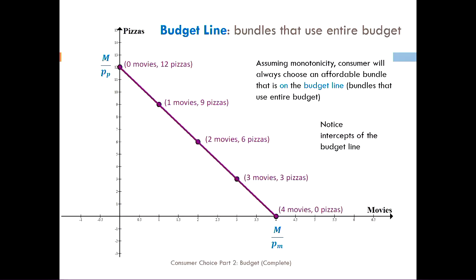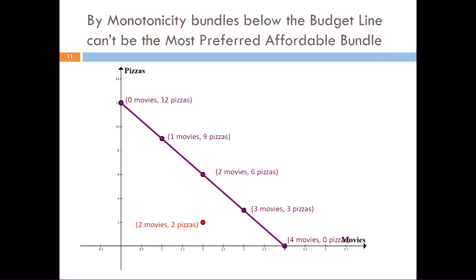And you can see that. I'll give you a few illustrations here. Consider the bundle 2-2. 2 movies cost $30, 2 pizzas cost $10, 30 plus 10 is 40. You haven't spent all your budget, so it's not on the budget line. It lies below it. The consumer, if they have monotonicity, if more is better, would never choose 2-2. Because they could always afford to have, say, 3-3 or 2-6.